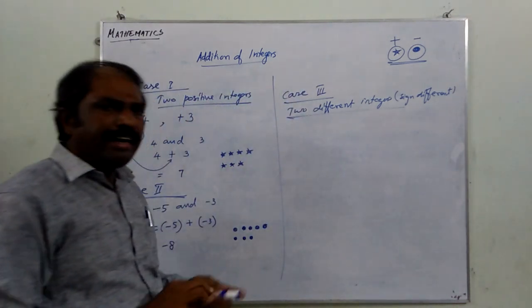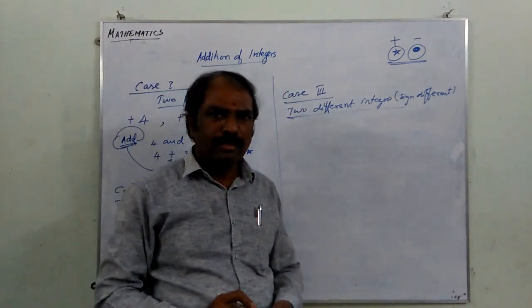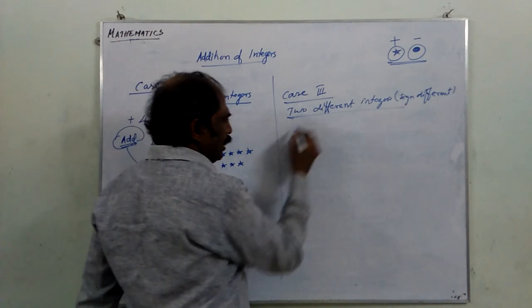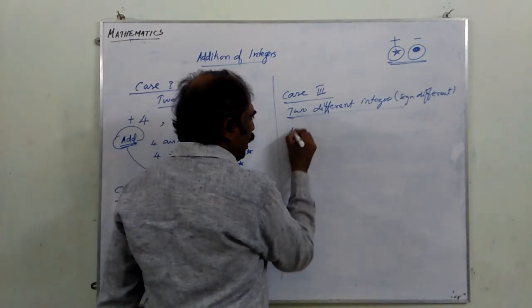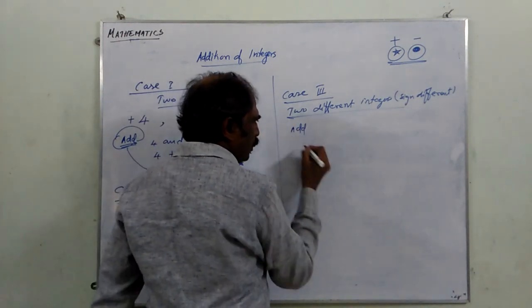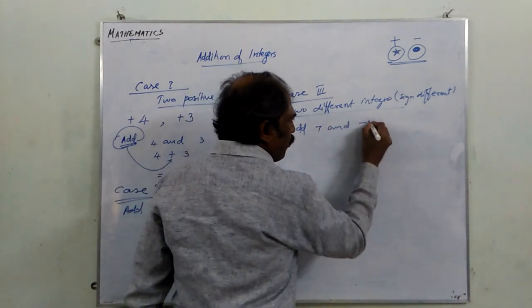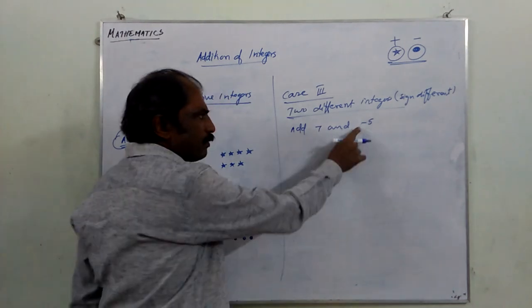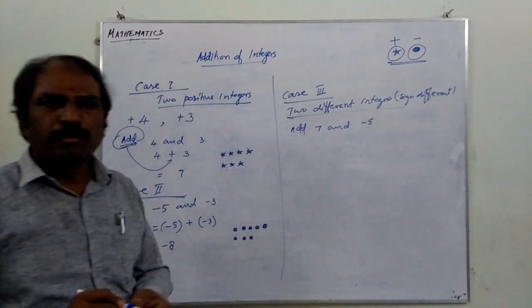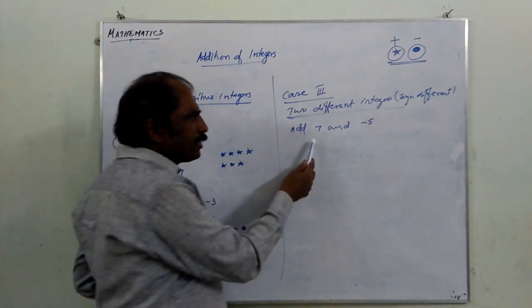If you have integers of two different signs, what will happen? Suppose for example you see here, add 7 and minus 5. 7 and minus 5. So which are the integers here?